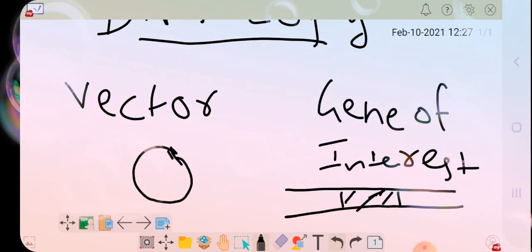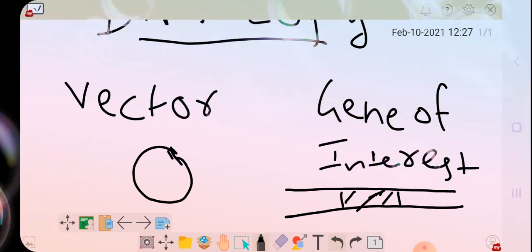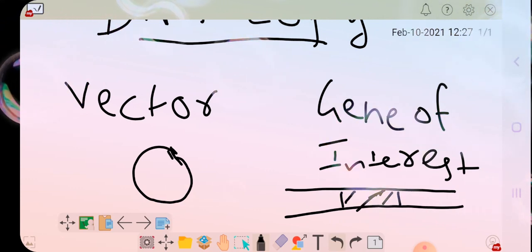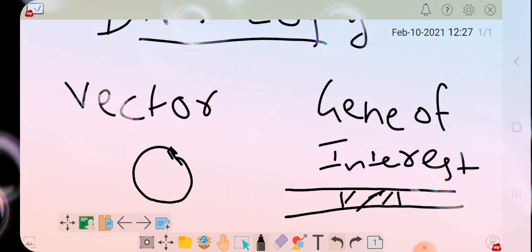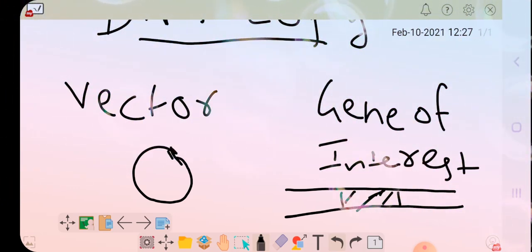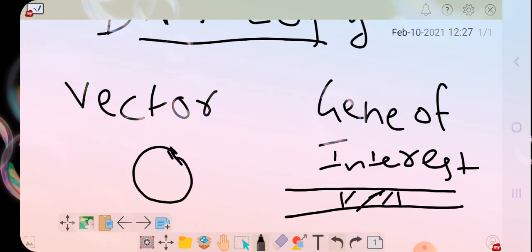Suppose this gene encodes insulin, which is very important for diabetes patients, so we have to get more and more insulin.